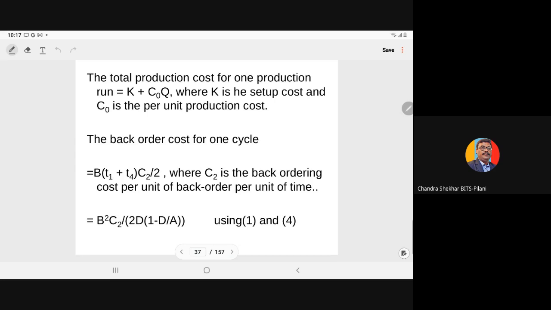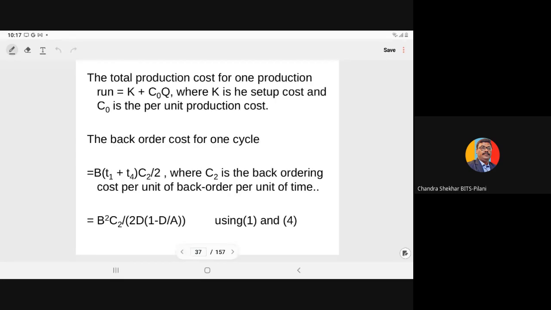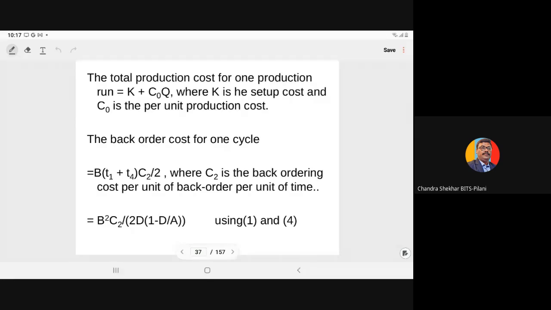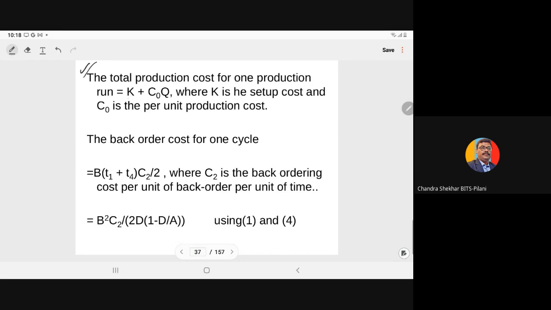Now we have seen we have three types of cost: procurement cost, holding cost, and the shortage cost. We have seen how we can write the holding cost. Next is the total production cost. The total production cost in one run includes the setup cost, which is independent of the quantity ordered.